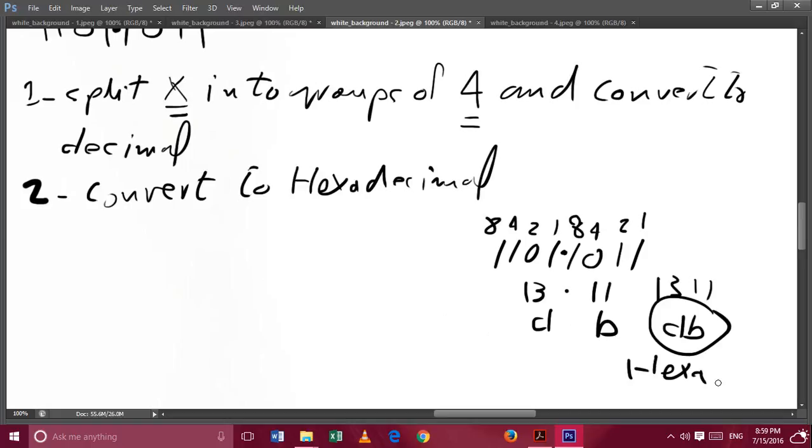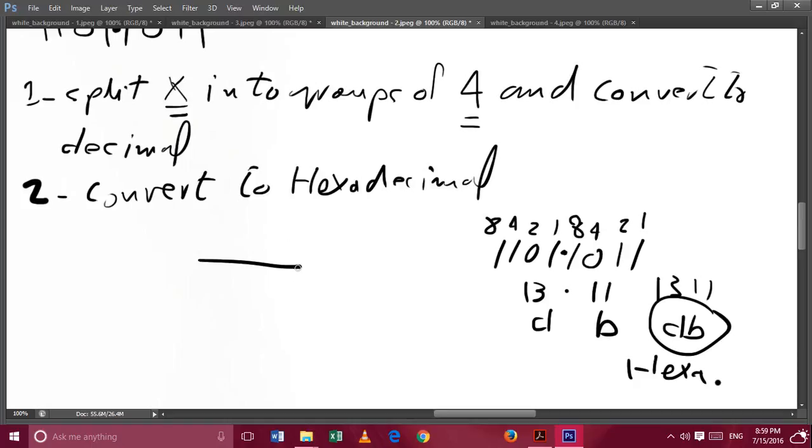Hexadecimal. Okay, now we need to do the opposite, which is how do we convert from hexadecimal to binary? Well, you guessed it right. We are going to do the flip, or the opposite, of this algorithm.